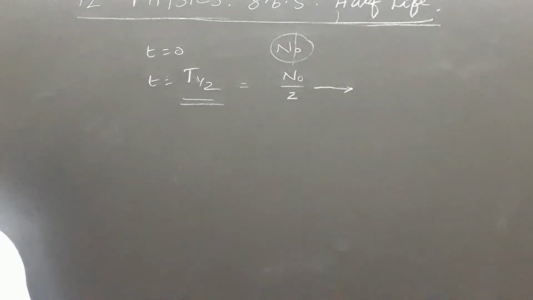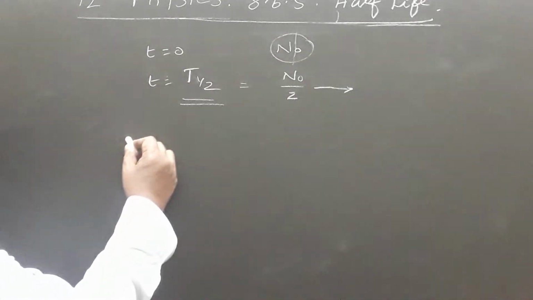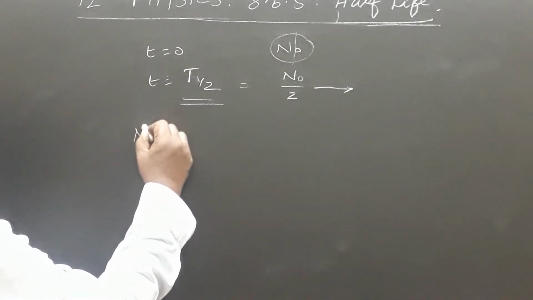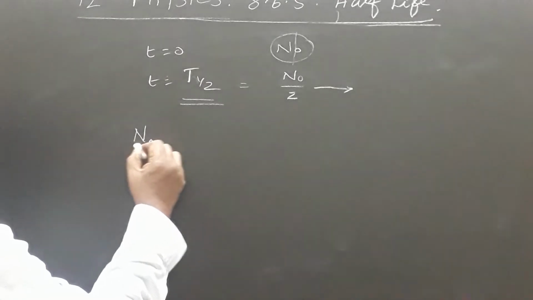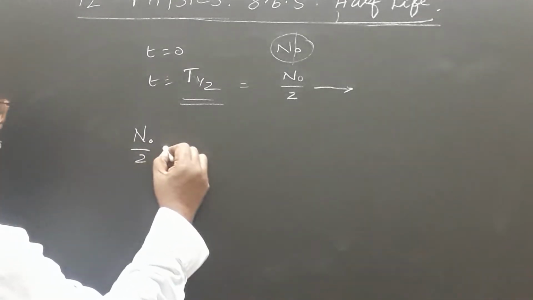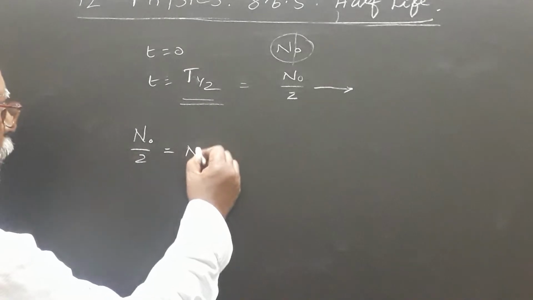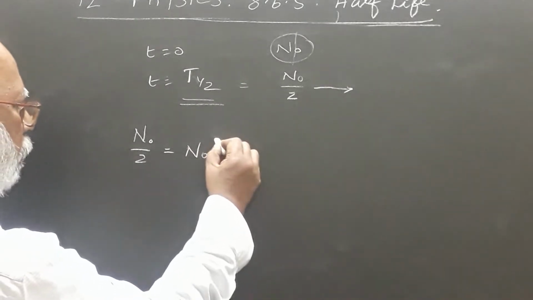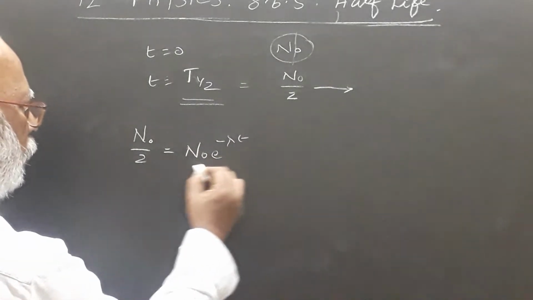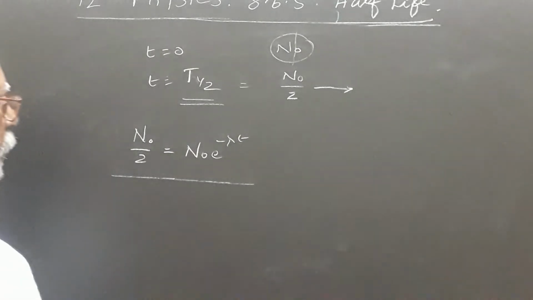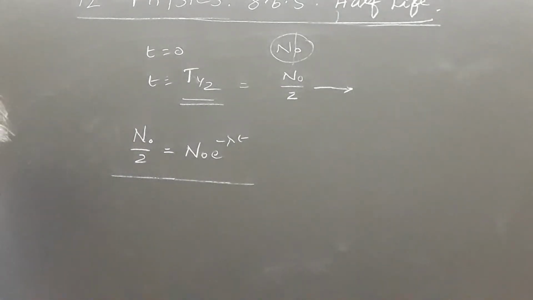Now we can write one famous equation: N naught by 2 equal to N naught into e power minus lambda t, as per the radioactive law.